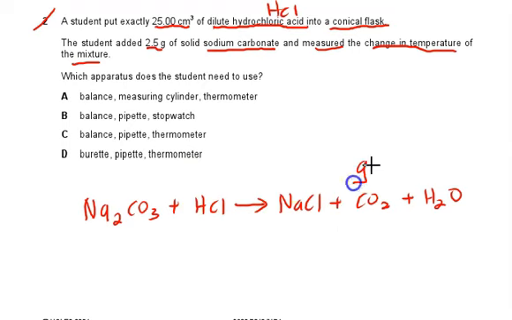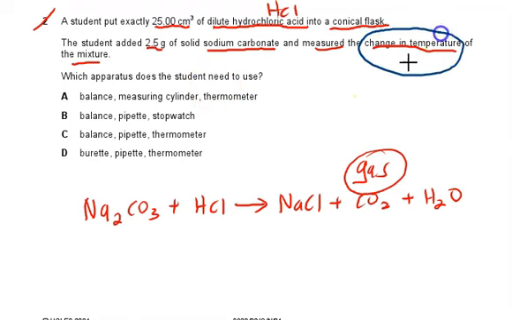So here we will have a gas, and there is no measurement for the gas, so we can avoid it. We can see there is a change in temperature, so obviously we need a thermometer. There is no timing here, so there's nothing to measure the time, so there's no need for a stopwatch.